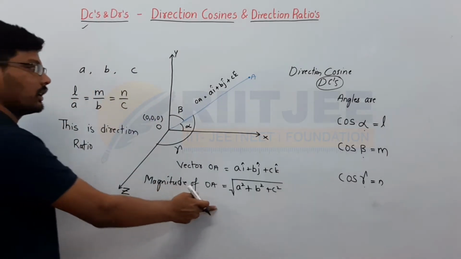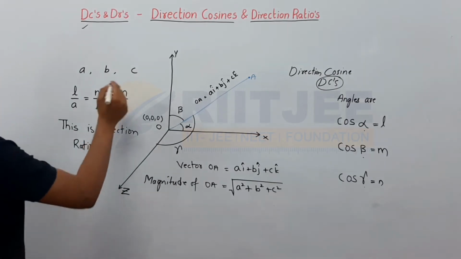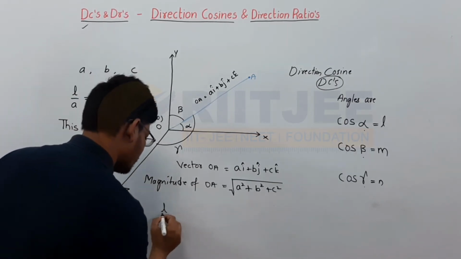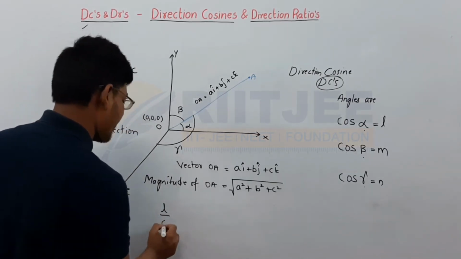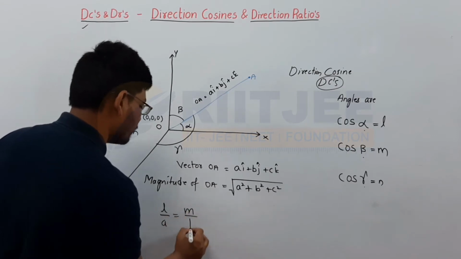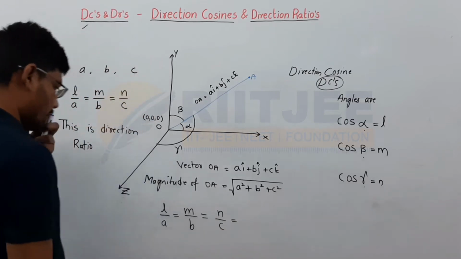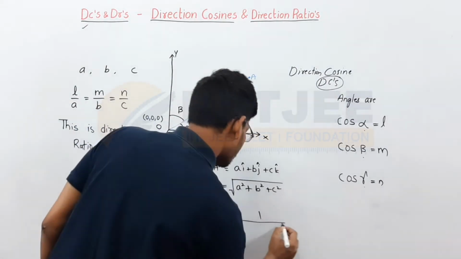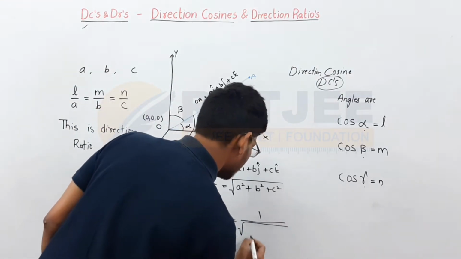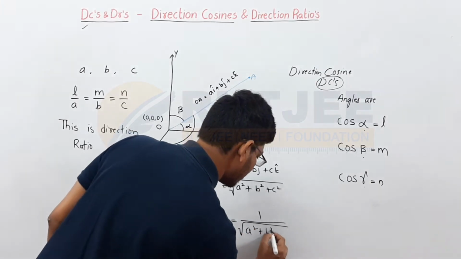Here the direction ratio can be written as L by A is equal to M by B is equal to N by C is equal to 1 by the magnitude, where the magnitude is the square root of A square plus B square plus C square.